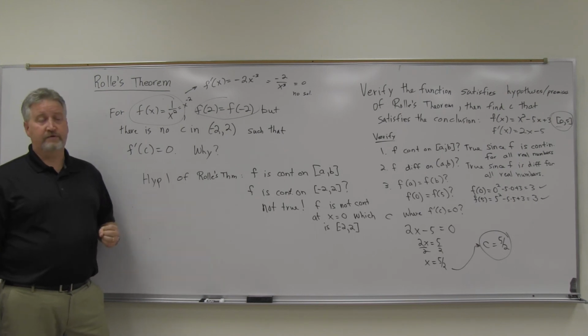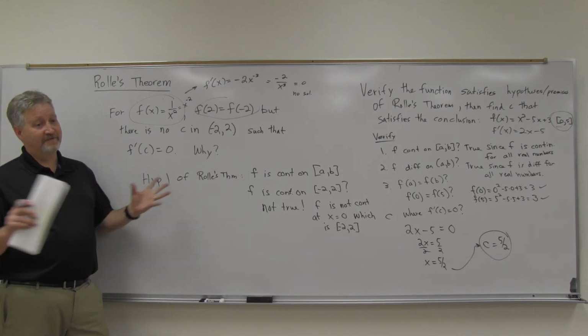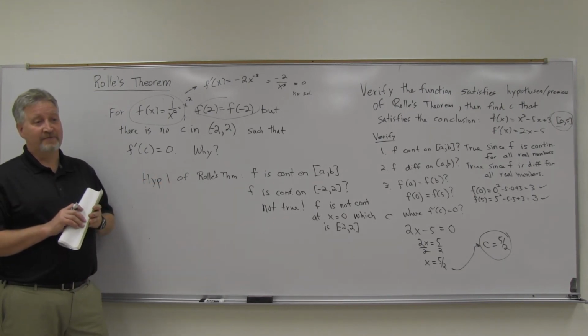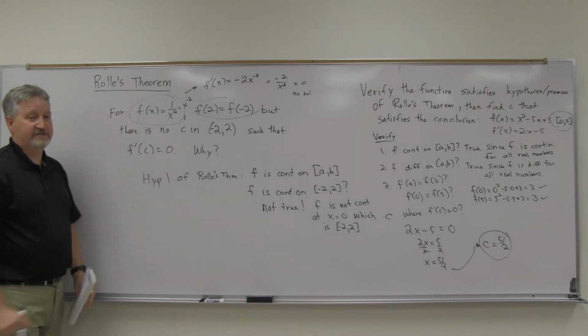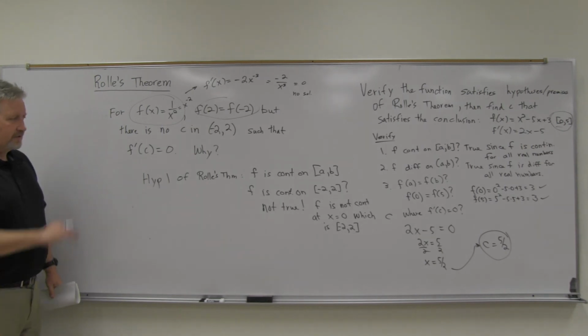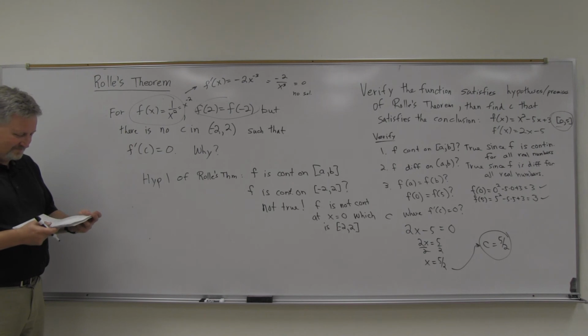We could also use differentiable here, the same argument. If one of the hypotheses doesn't work, the conclusion is out the window. You can't go with that conclusion. And here's a good example. So they'll ask you maybe a question or two in that sort of vein.